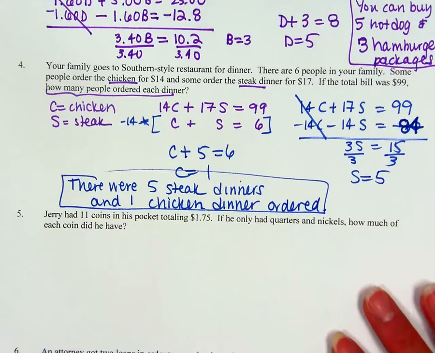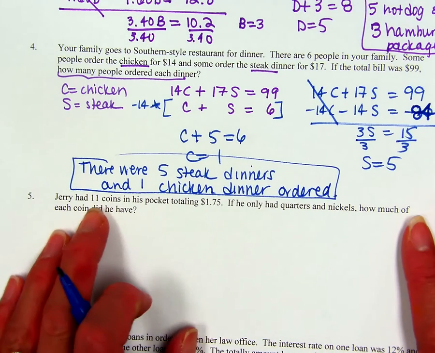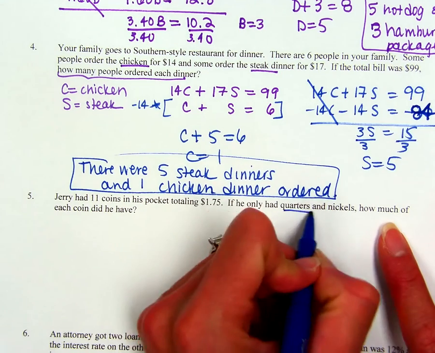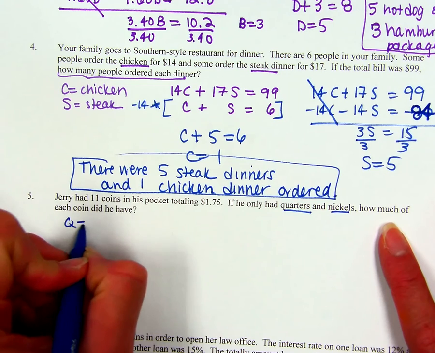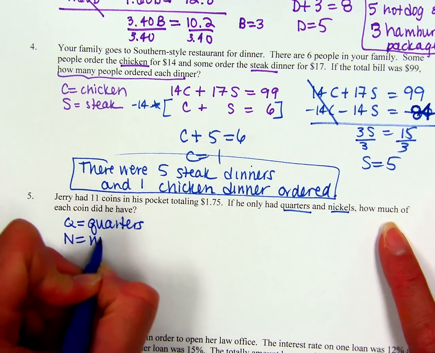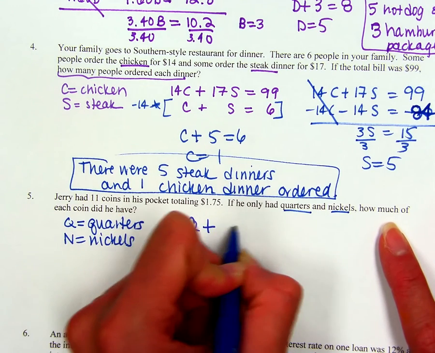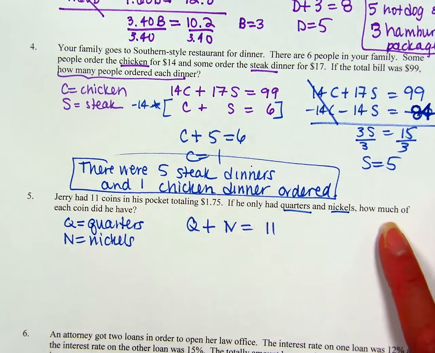All right, one more coin problem, and then we have a percentage problem. So coins, we've got quarters and nickels this time. So Q for quarters, N for nickels. We have 11 coins, so some amount of quarters plus some amount of nickels should equal 11.